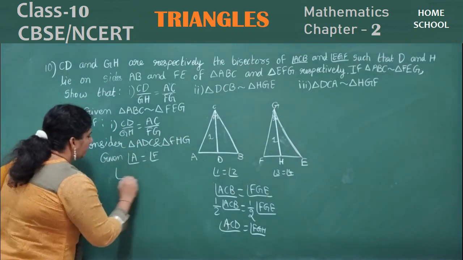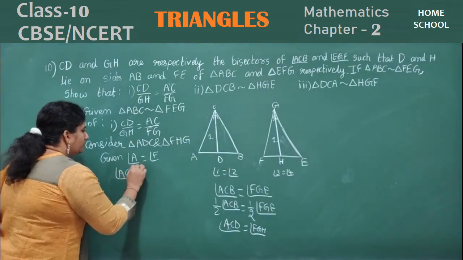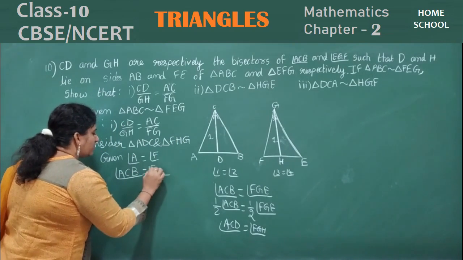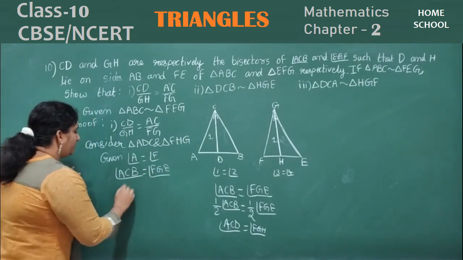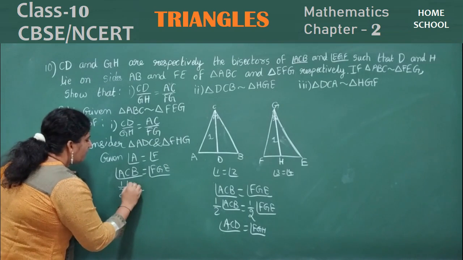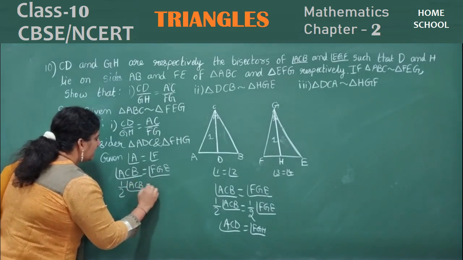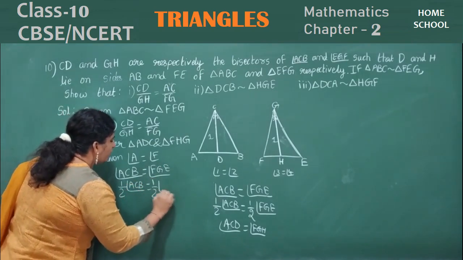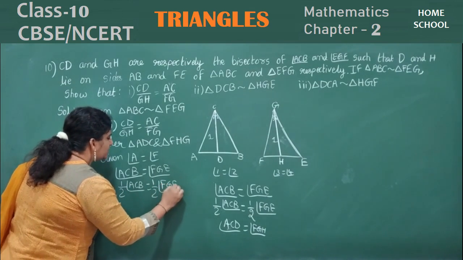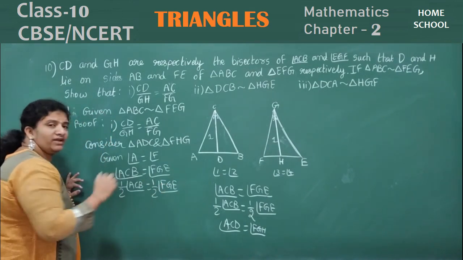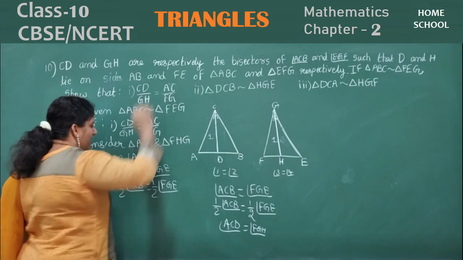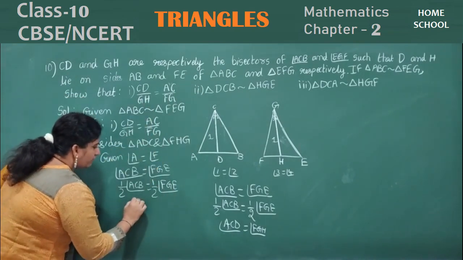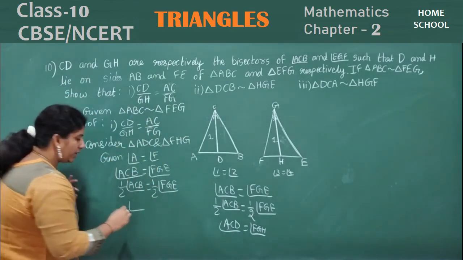The same thing you can consider here. Angle ACB is equal to angle FGE. And now I need half of this angle. Half of angle ACB is equal to half of angle FGE. Which half are we considering, children? This half. If you want, you can write angle 1 also.